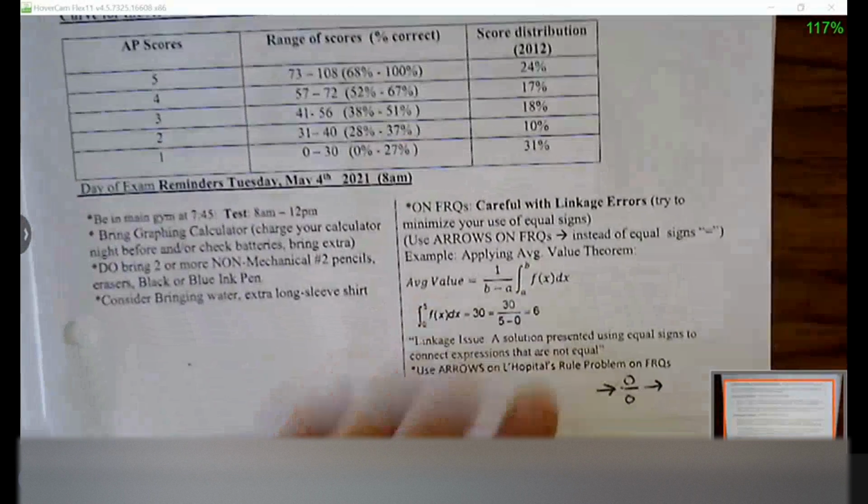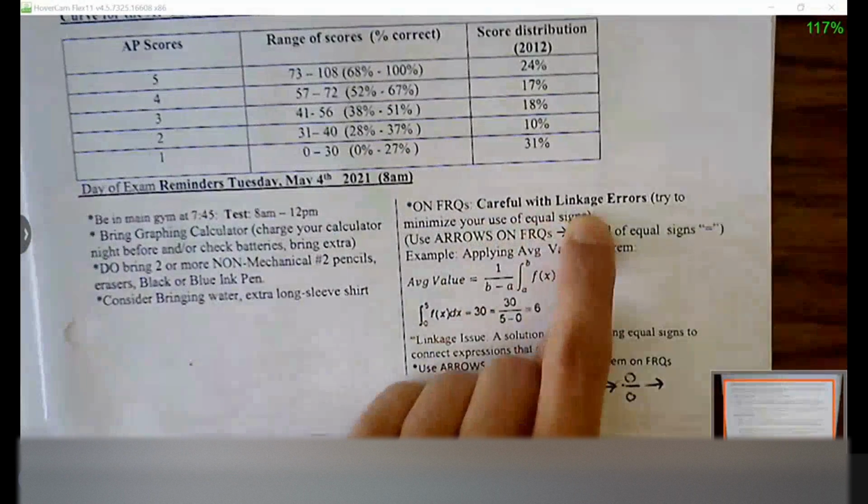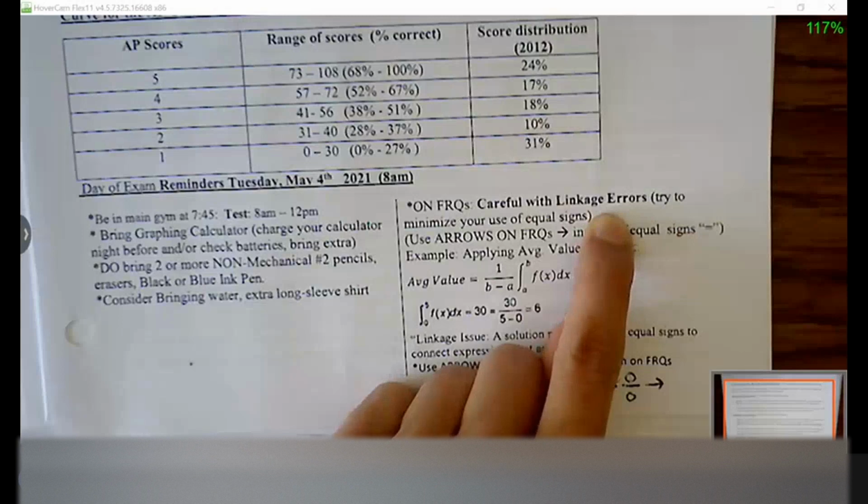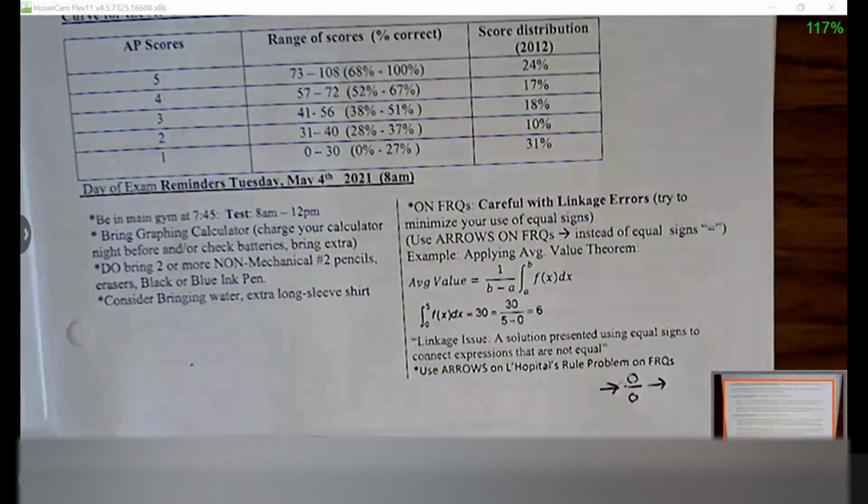Let's see. Okay, FRQs. Careful with linkage errors. I think I talked about this before, where on FRQs, really be careful of how and when you use your equal signs. If you never use equal signs on FRQs, that's even better, because graders are always looking for these linkage errors.